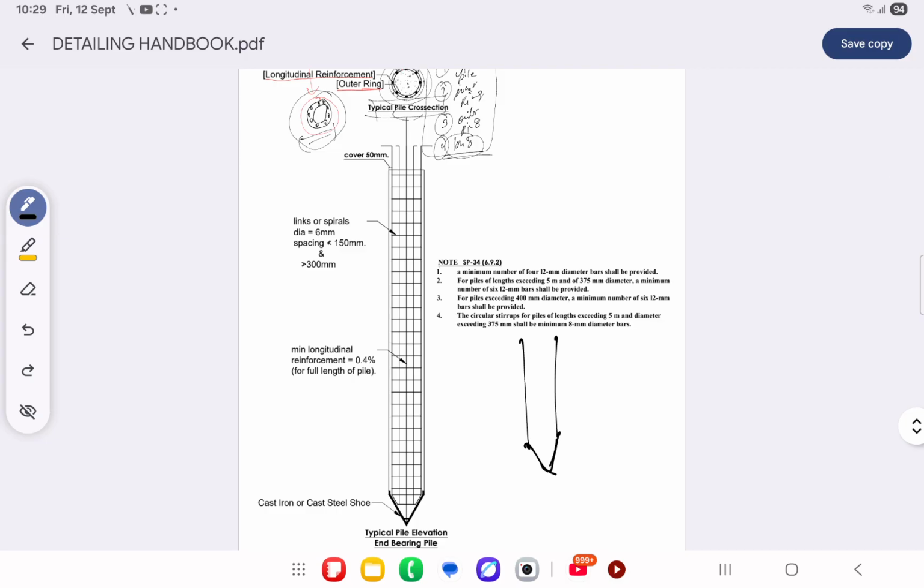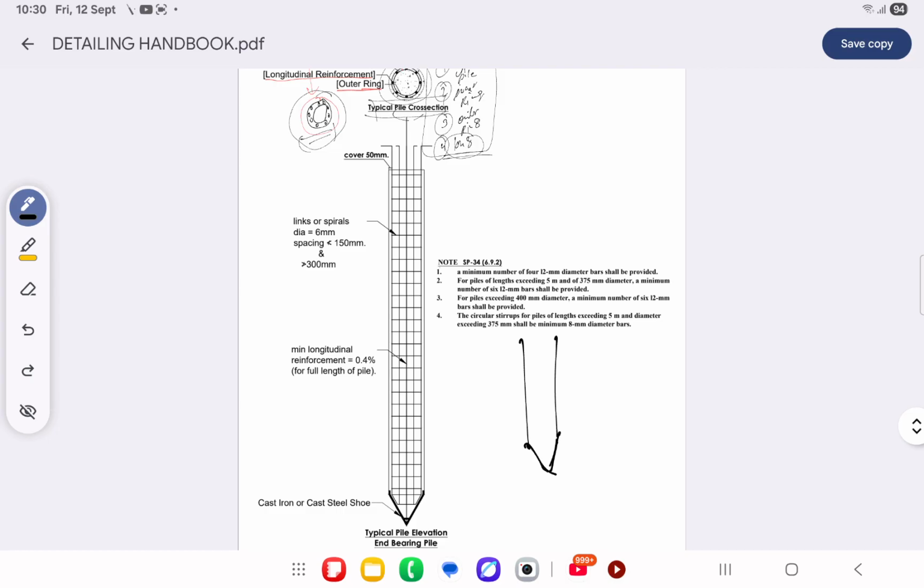When the soil investigation report is received from the geotechnical department, they generally specify which type of pile you have to go for, either the end bearing pile or the friction pile. They will say that because they know what type of soil is there, as they investigate the soil.